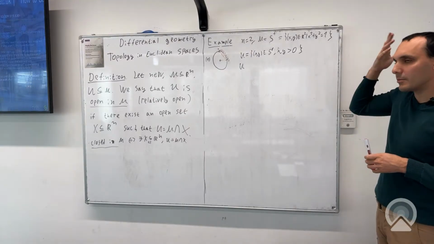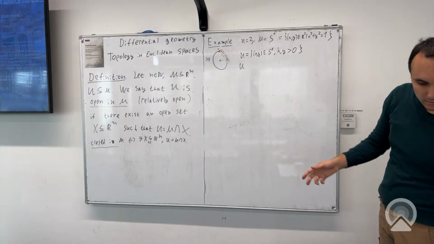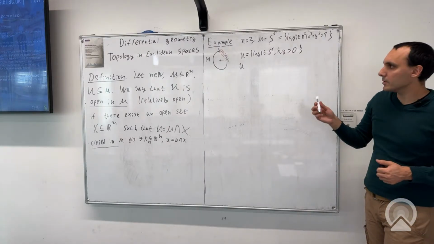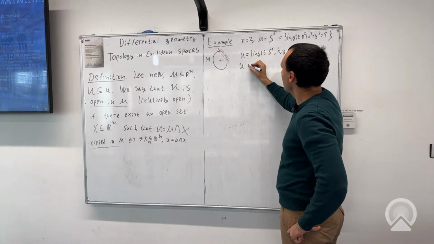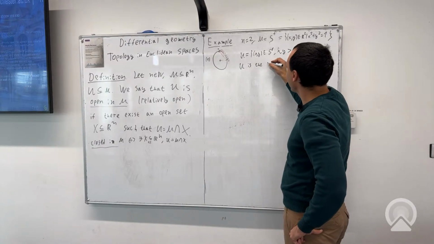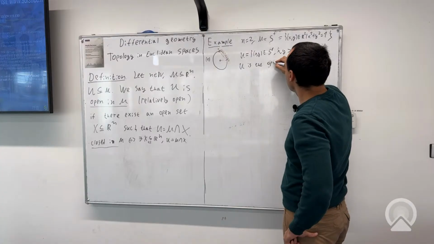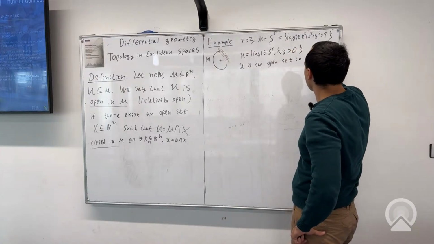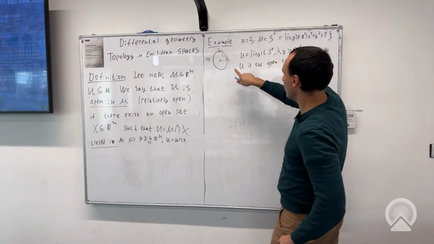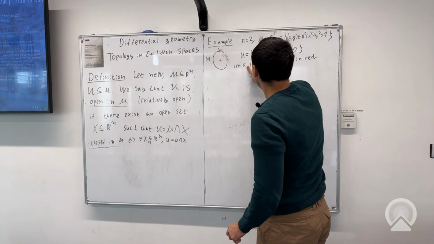I cannot think of an explicit definition in coordinates, but U is the open set in red. Let X be this set.